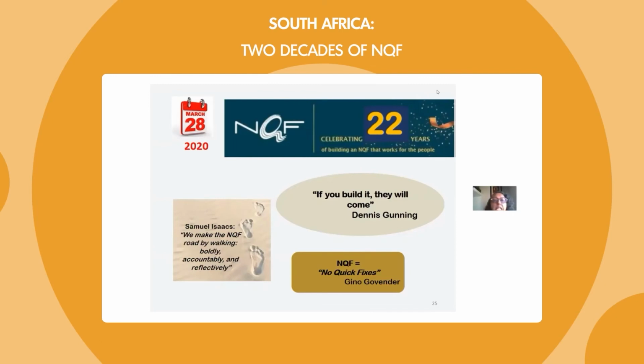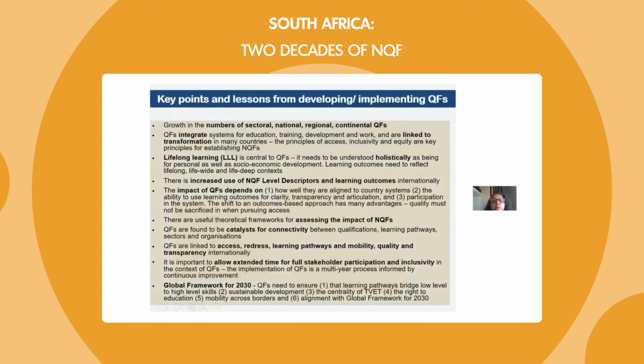So the next slide, Coleen. Okay, key lessons learned. There's been a growth in the number of sectoral, national, regional, and continental qualifications frameworks. So certainly the numbers, there are over 140 odd NQFs in the world.